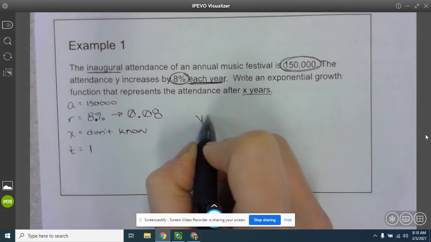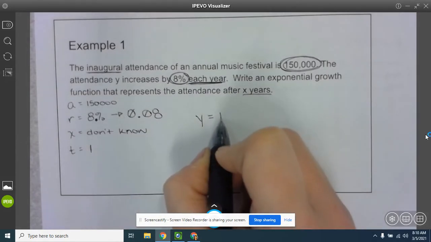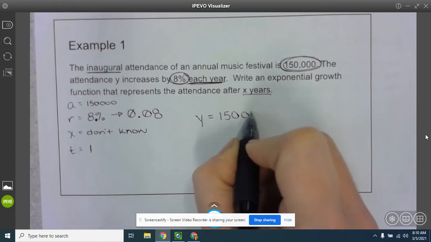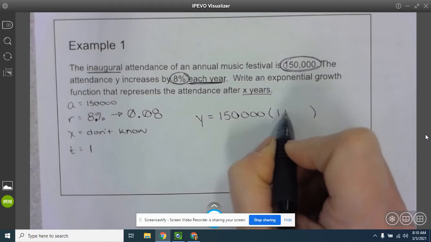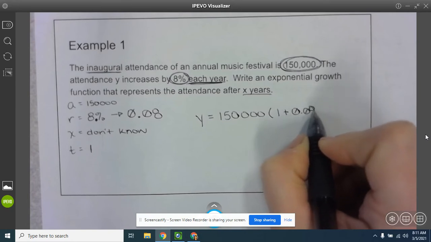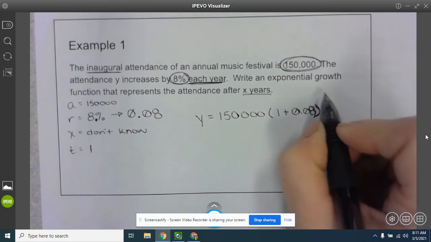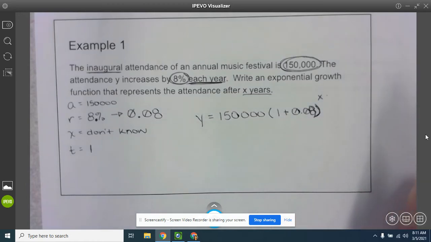So that would be Y equals my initial amount, 150,000, times 1 plus R as a decimal, so 0.08. And then X technically divided by 1.